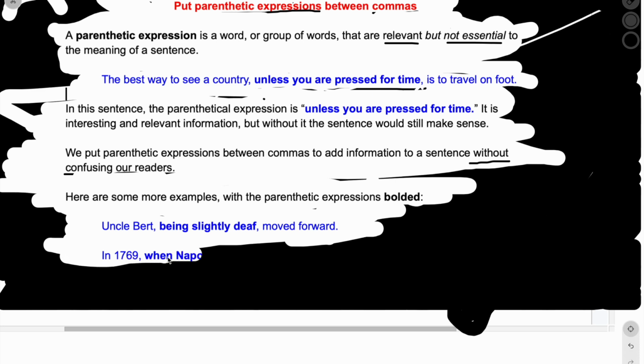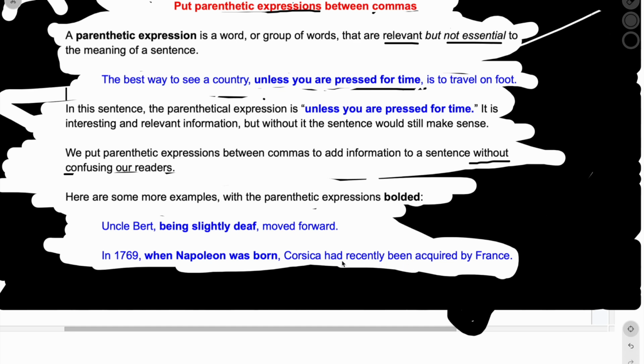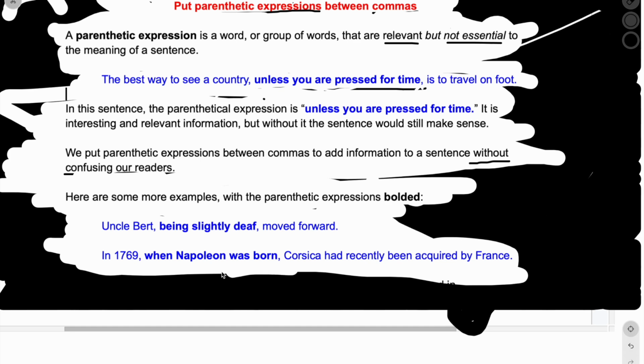In 1769, when Napoleon was born, Corsica, for those of you who don't know, Corsica is where Napoleon was born. It's the country he was from, or the sort of state of France, I guess. Corsica had recently been acquired by France. So the parenthetic expression is when Napoleon was born.